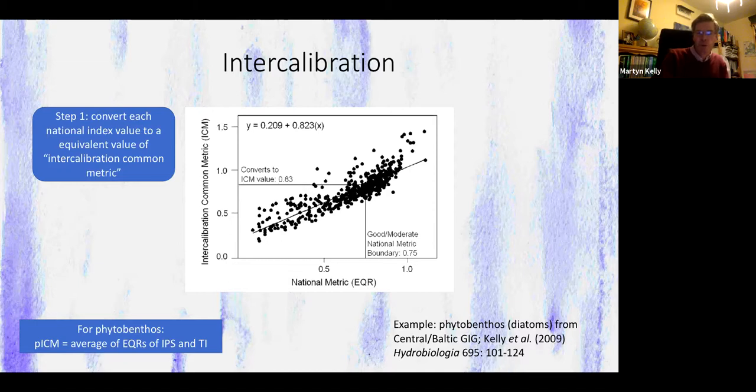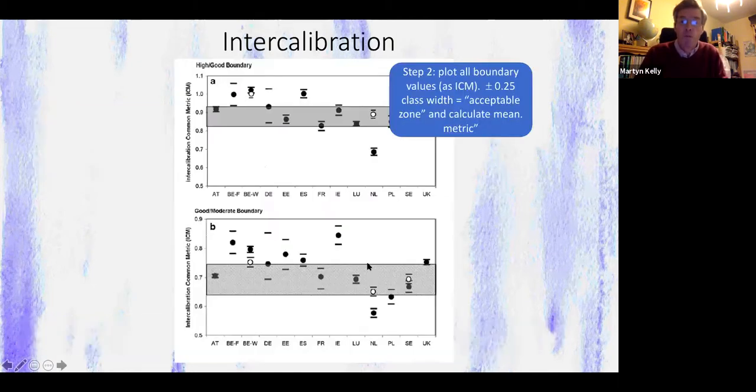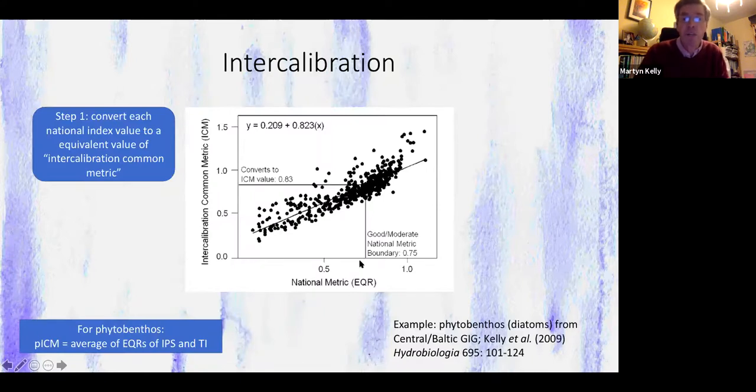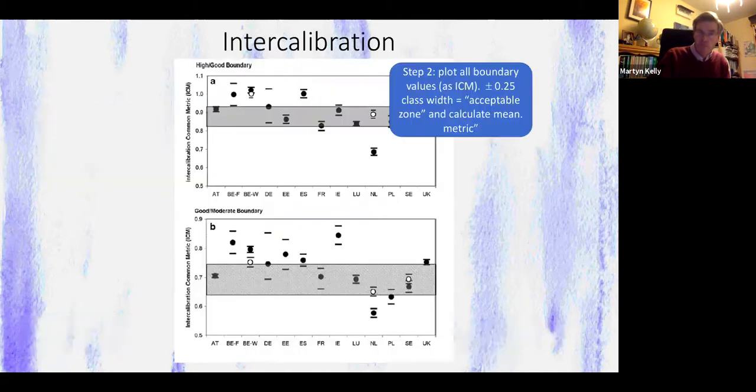One of them focused just on inorganic nutrient effects. So then you could take the boundary value of each national metric, and then by a simple process of regression, convert that to the equivalent value of the intercalibration metric. And then you have a value that you compare with all the other countries in your geographical intercalibration group.